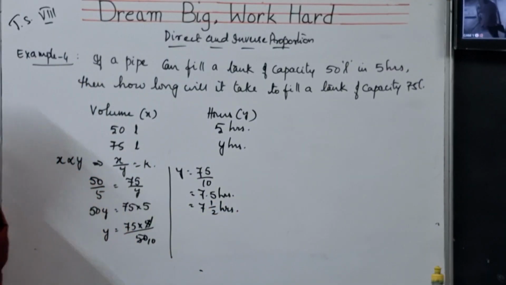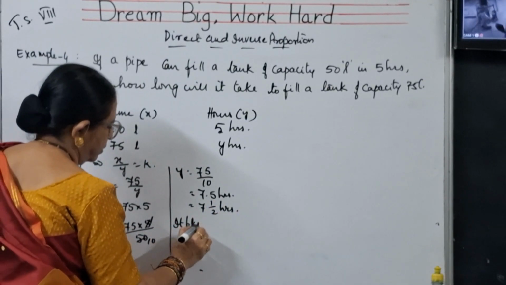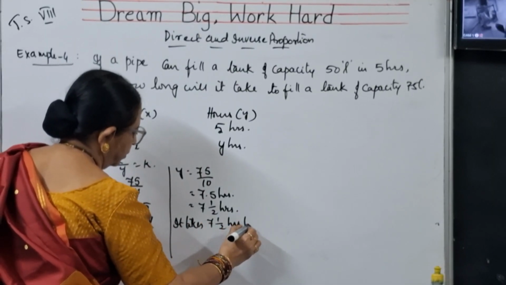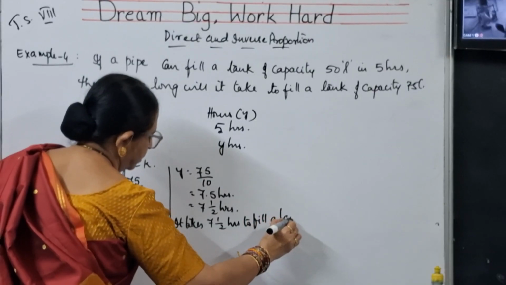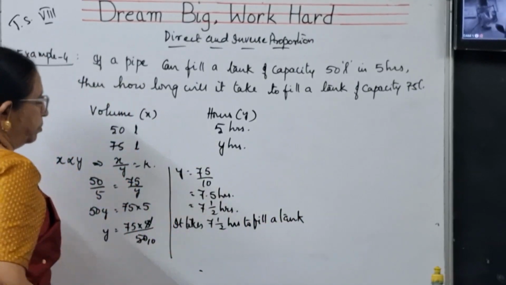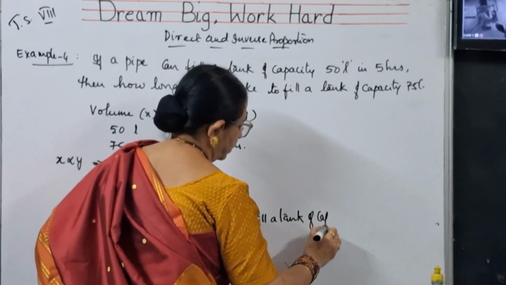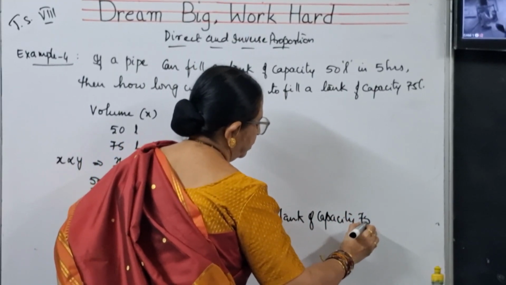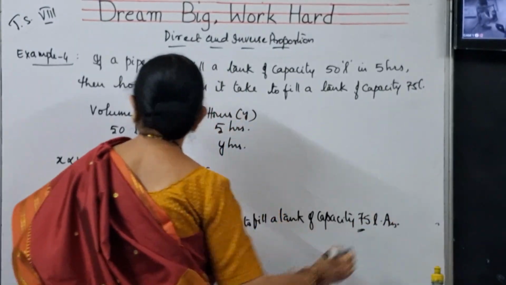So it takes 7.5 hours to fill a tank of capacity 75 liters. This will be the answer.